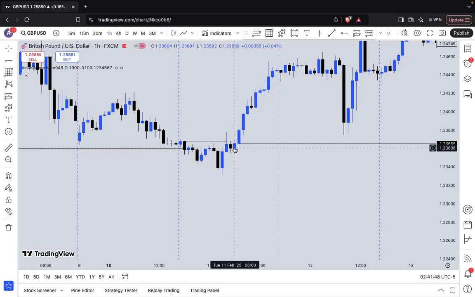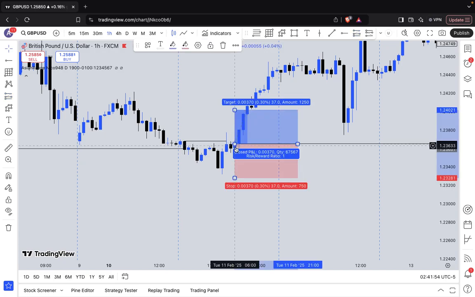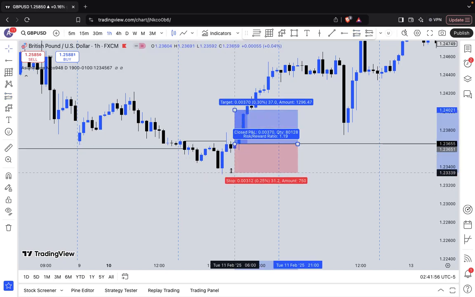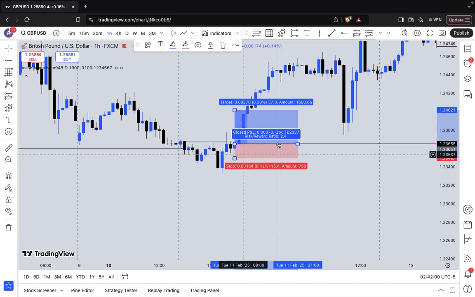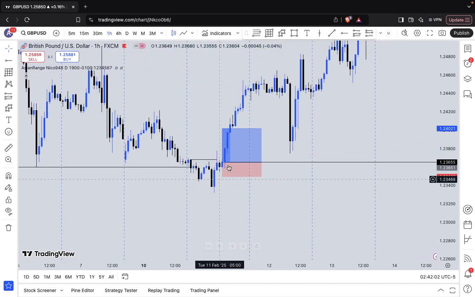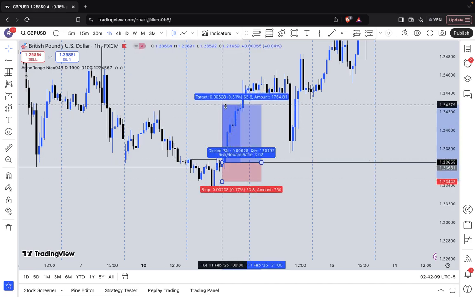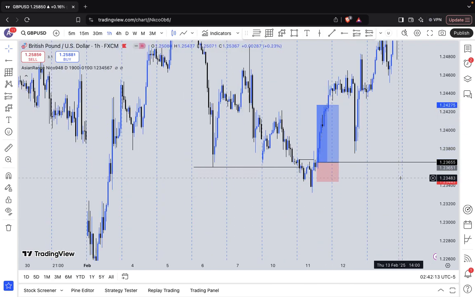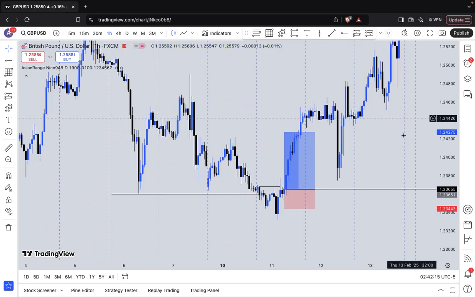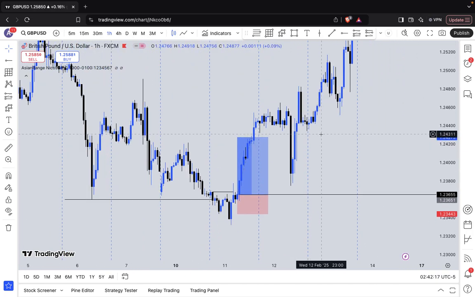Immediately this move took this high, I had set my pending order already, and my stop loss was around here. Then I took 1 to 3 high R.